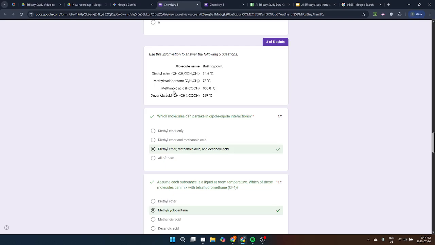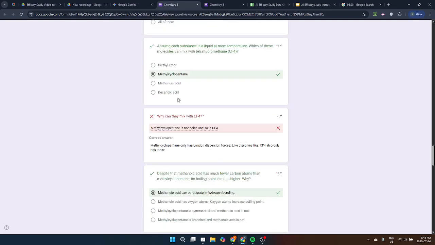Because methanoic acid is a carboxylic acid, it is near the top of the hierarchy for these organic molecules, and thus it has hydrogen bonding, dipole-dipole interactions, and dimerization. It has some LDFs, not very strong, probably the weakest LDFs in this whole selection, but its other intermolecular forces make up for the fact that it's a smaller molecule compared to methyl cyclopentane. So that's why.